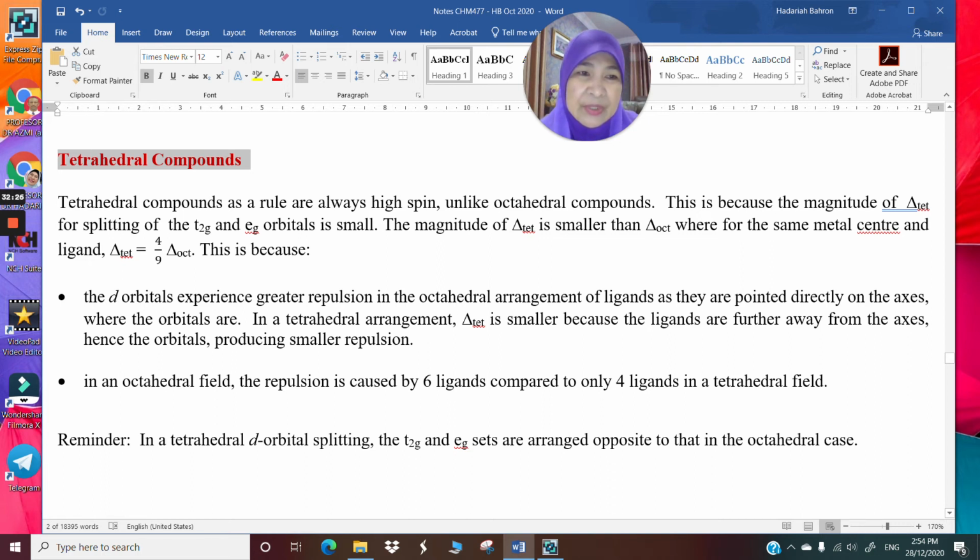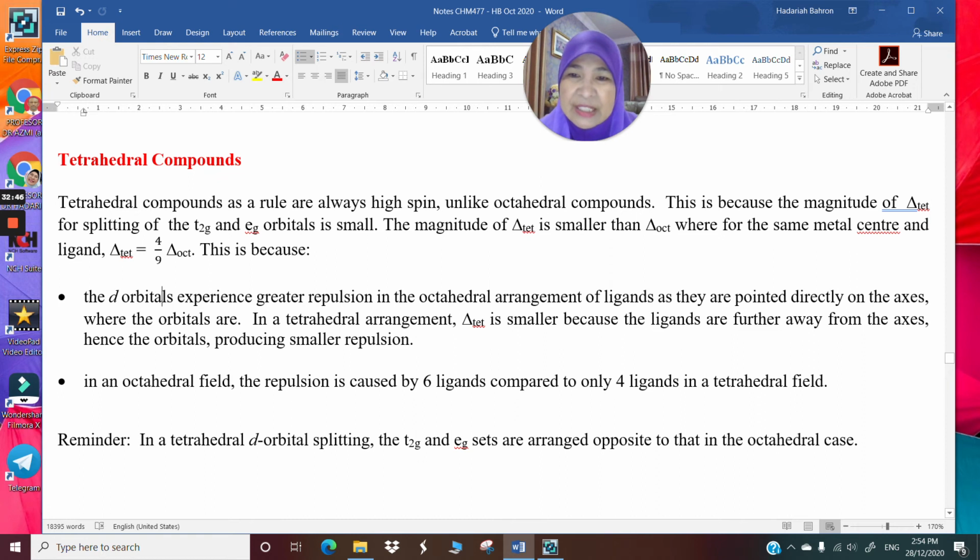The magnitude of delta tetrahedral for the splitting of the t2 and the e orbitals is small and smaller than octahedral. And it is, as I showed you earlier, delta tetrahedral is equal to 4/9 of delta octahedral. These are the reasons that I have explained to you earlier.